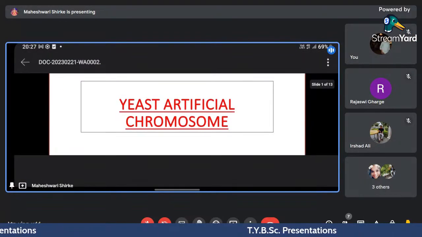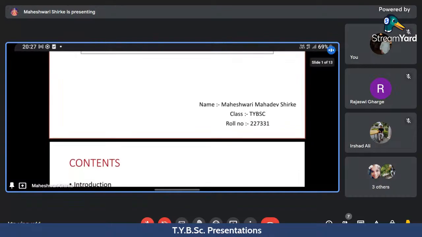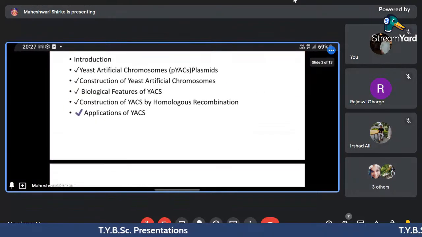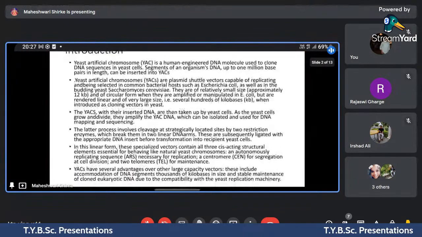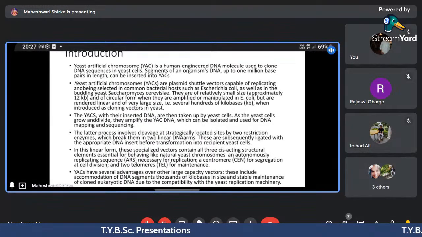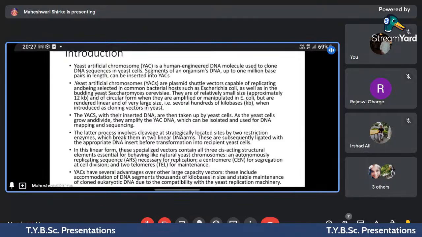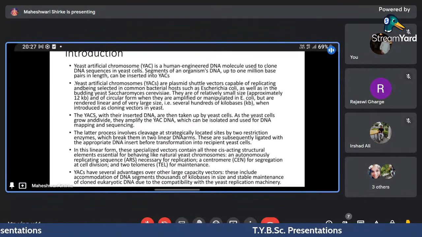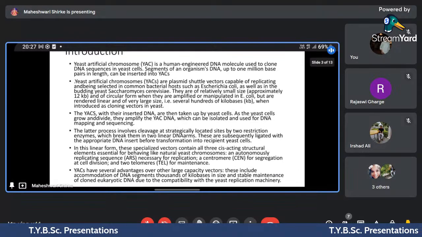Yeast artificial chromosomes. My topic name is introduction. A yeast artificial chromosome is a human-engineered DNA molecule used to clone DNA sequences in yeast cells. Segments of an organism's DNA up to 1 million base pairs in length can be inserted in a yeast artificial chromosome.